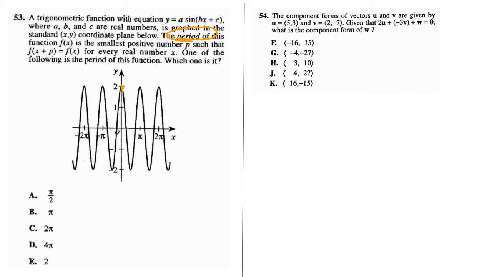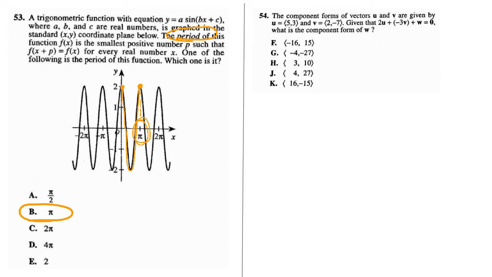If we trace our function, we don't repeat until we come right back up to here. And then from this, it's the same pattern. So what is the value here at that repeating moment? It is pi. So my answer choice for this should be B, and the period is pi.